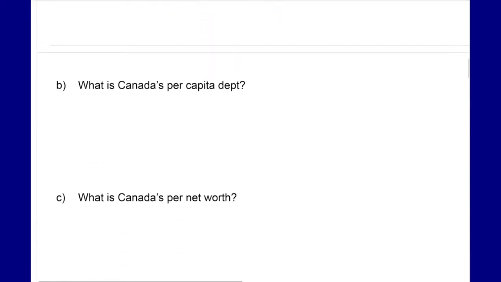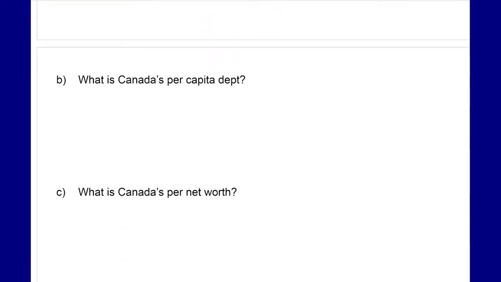If we want to look at Canada's per capita debt, we do the exact same formula, except we're using the debt value, so the $1.45 trillion. Obviously, there's a few more other values there as well: 1,455,800,000,000. But realistically, once you start dealing with large numbers like that, millions really don't mean as much anymore.